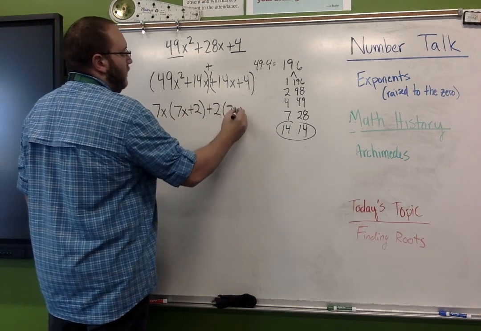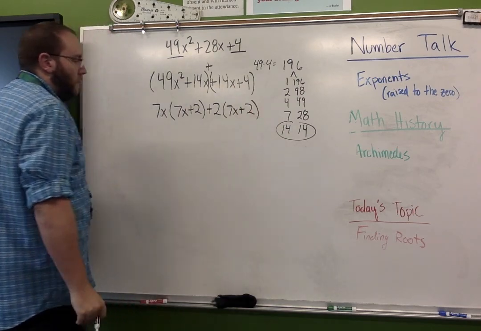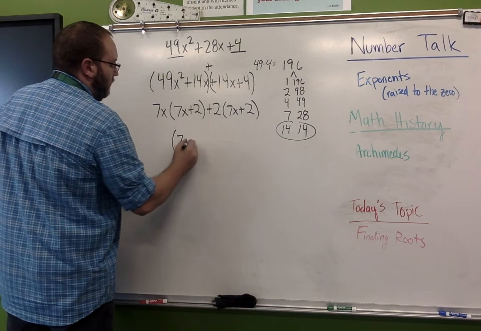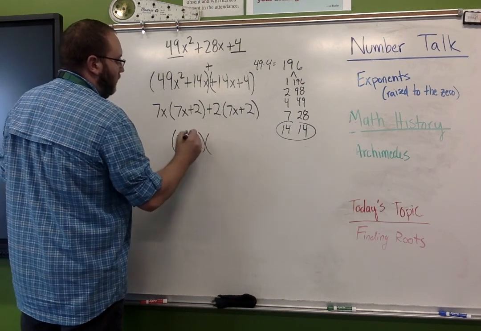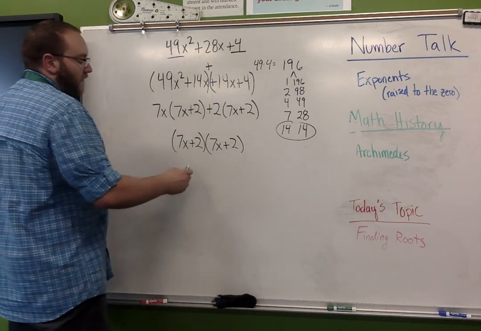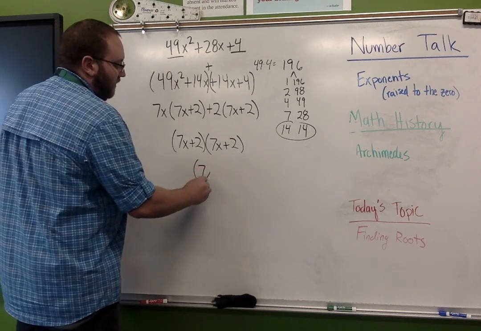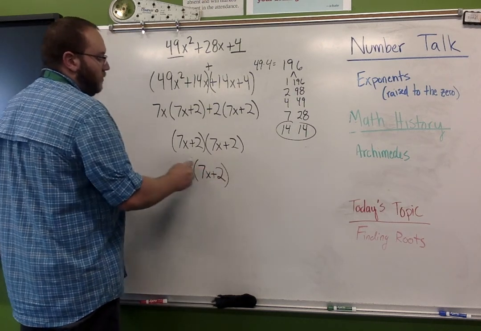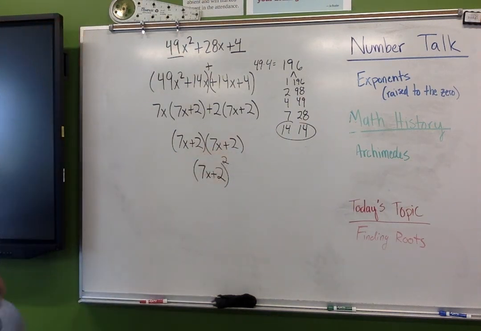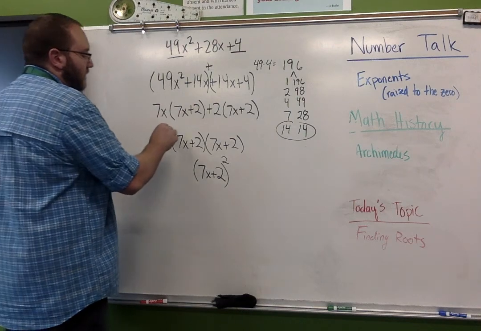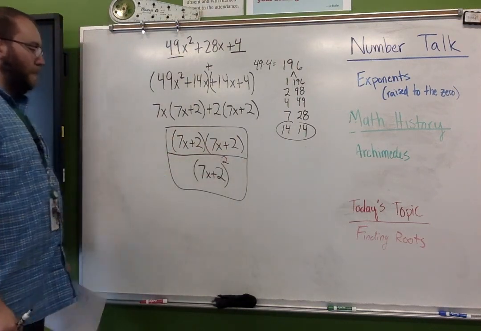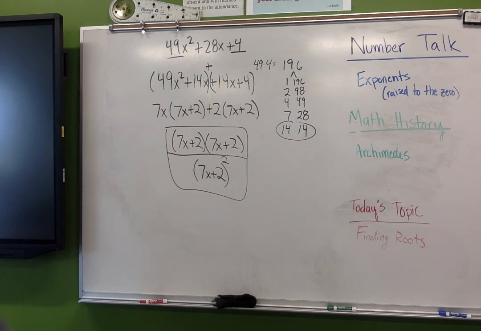So 7x plus 2. Greatest common factor of the whole thing is 7x plus 2, and what's left over is 7x plus 2. And if you so wish, you could write it as 7x plus 2, and because we're multiplying by itself, it is squared. This is called a perfect square. But this is your answer. Either one of them, either one I accept. Okay.